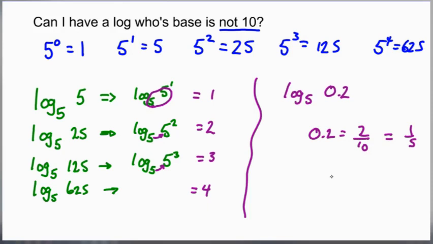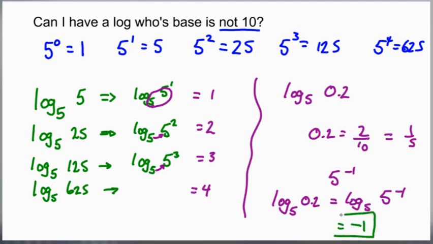And 1/5 is 5 to the negative 1. So the log base 5 of 0.2 is equivalent to the log base 5 of 5 to the negative 1, and the answer to that is simply negative 1.